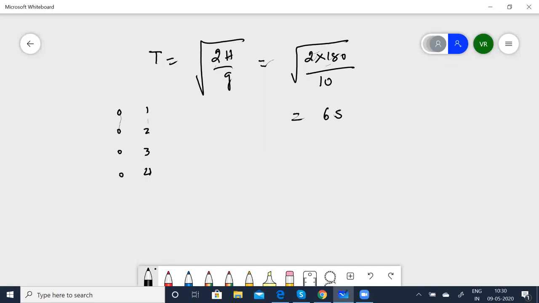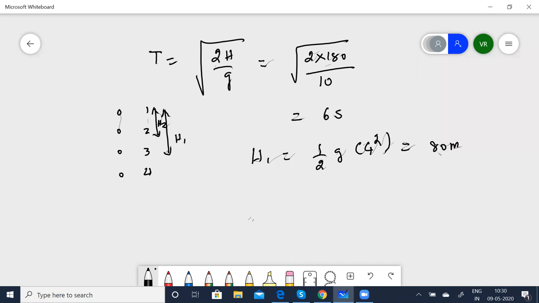Now this is the height between the first and the second. Let us take this as h1, and this as h2. The time interval between the balls is 2 seconds, he says. So h1 is equal to half g into 4 squared, which gives you 80 meters.